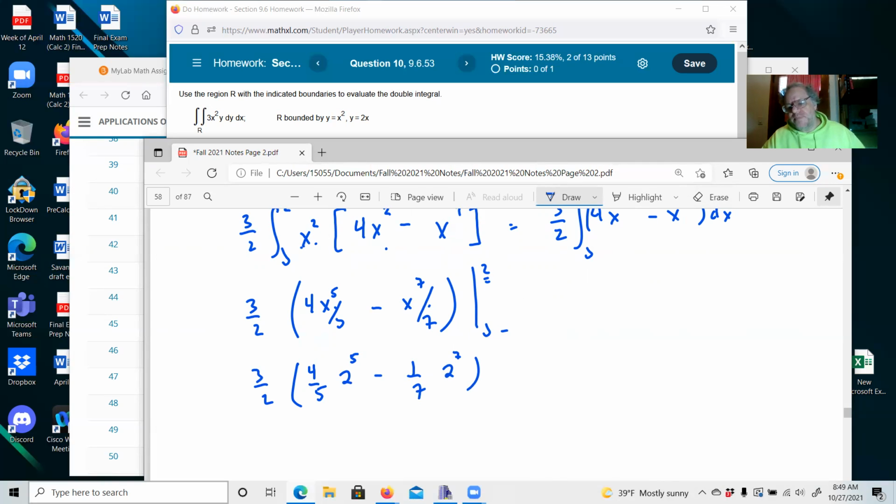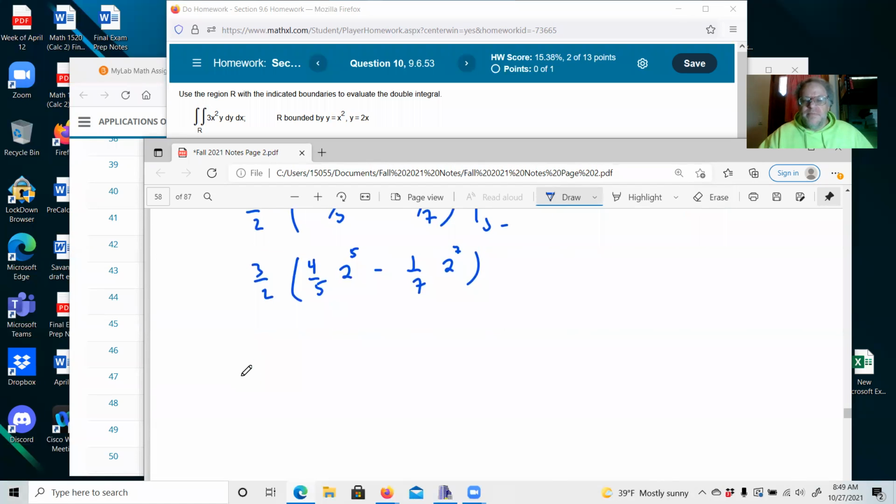We could say this is 3/2 times 4/5, 2 to the 5th is 32, minus 1/7. And if I remember my intro song here, we have 32, double it, that's 64. So 2 to the 6th is equal to 64. 2 to the 7th, double it, is 128. Okay, so that's my intro song.